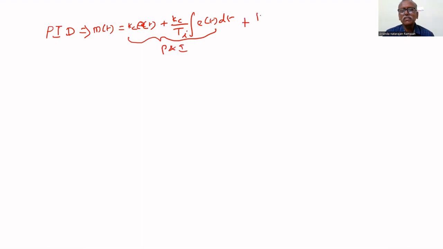Plus the derivative mode is Kc Td d by dt of E. This portion is proportional to the rate of change of error.